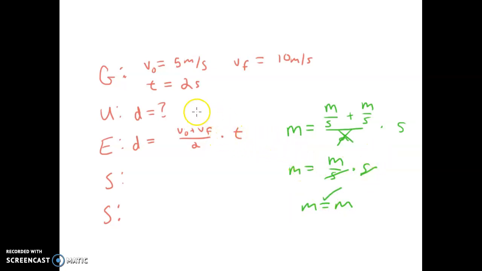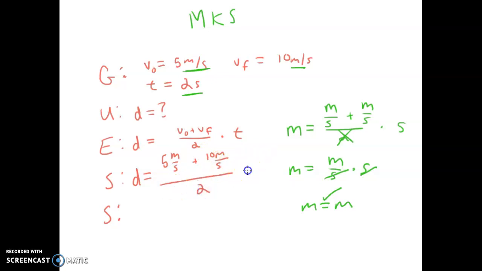So this is kind of a roundabout way of saying that for the equations I've given you, if you use the MKS system, all of your equations will work out unit-wise. If you're not so convinced by this explanation, then I encourage you, when you're doing your questions, to keep units in the problem as you're solving, like this, instead of just writing the numbers.